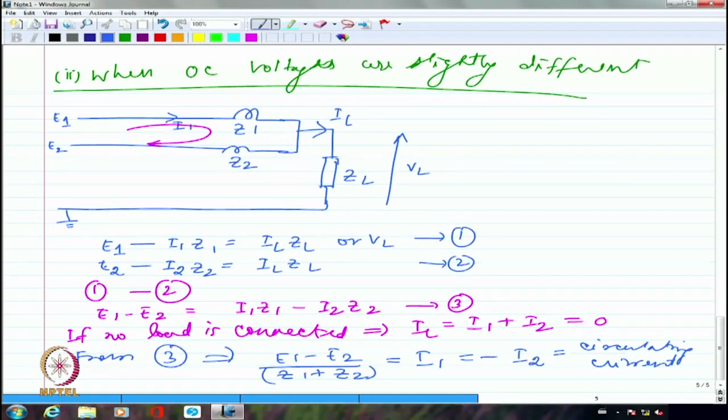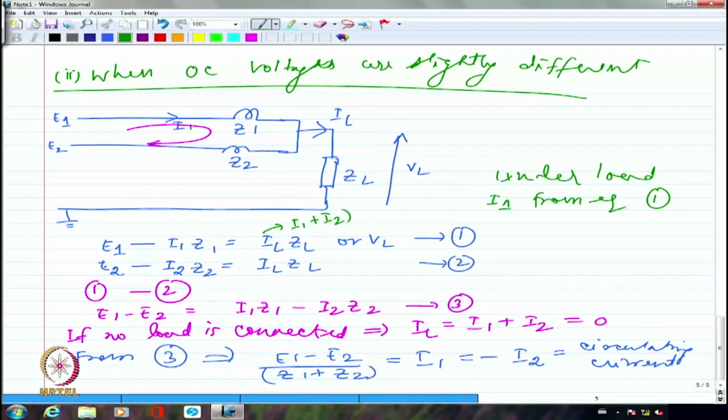Now, under load condition, I should be able to write what is actually I1 from equation 1, right? Because IL I can substitute as I1 plus I2.